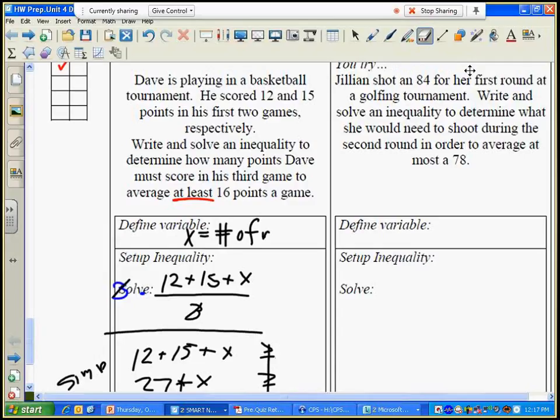Okay, define the variable. Determine what she would need to shoot. Okay, so what Jillian needs to shoot.